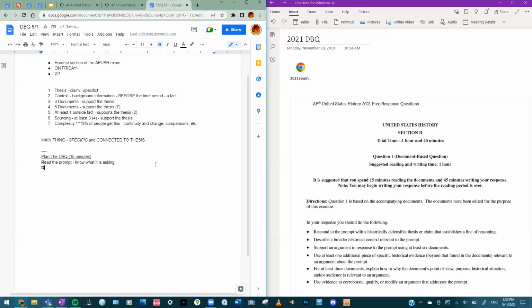Then you will read the documents. So read them, and you need to group them. You need to think about how they could answer the question. A lot of these are evaluate the extent, so it's saying how much.